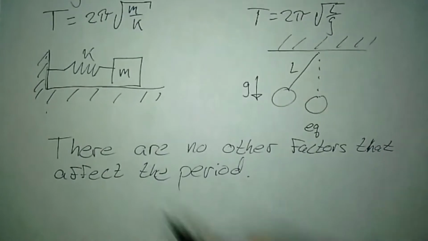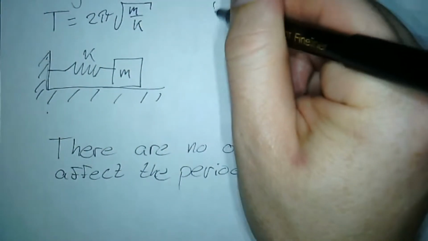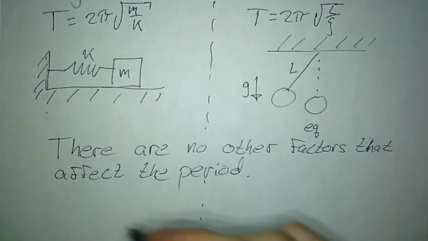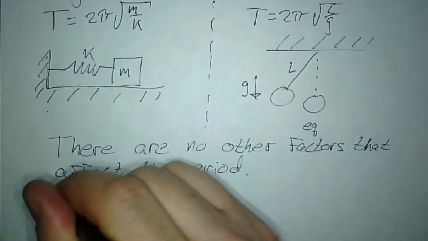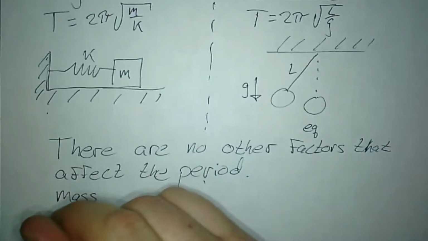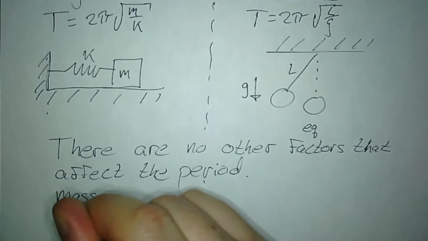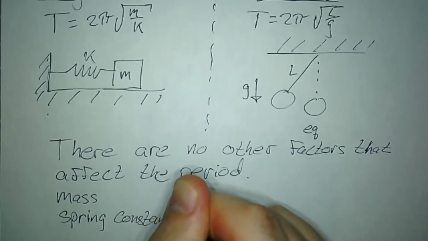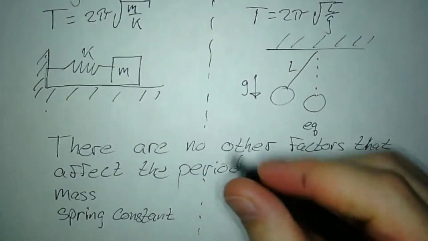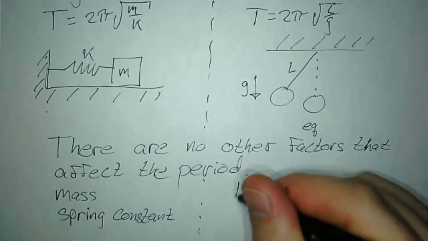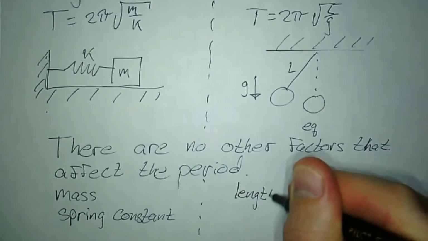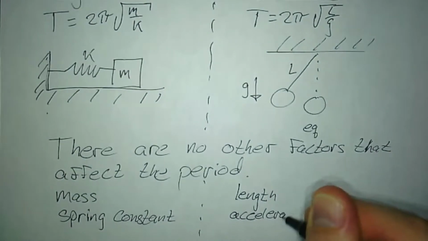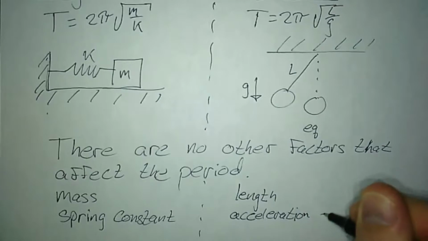So that's it for the spring. The only factors that affect it are mass and spring constant. For the pendulum's period, you have length and you have acceleration of gravity.